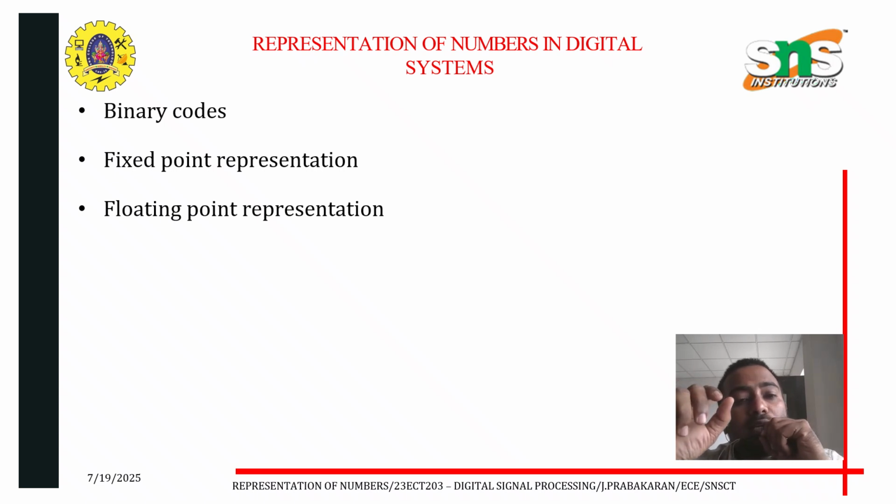Next is what is meant by binary codes. The binary codes are framed using the numeric symbols 0 and 1. Each digit of the binary code is called a bit. The size of the binary code is specified in terms of number of bits.